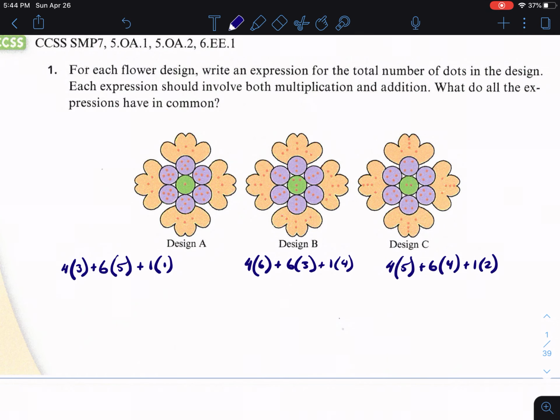And now let's look at all of these. Do you see what changes and what stays the same? So what stays the same between design A, B, and C is the shape of the flower. What changes in designs A, B, and C are the number of dots in each of the sections, right?